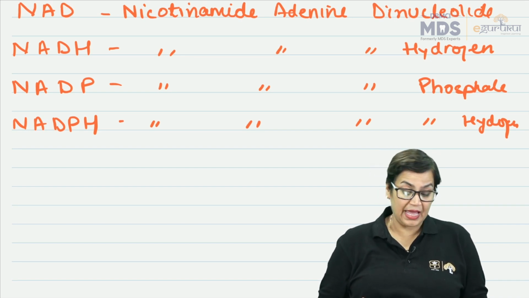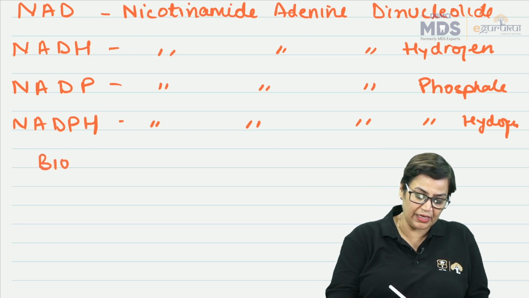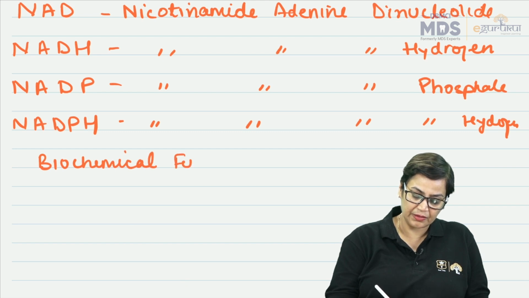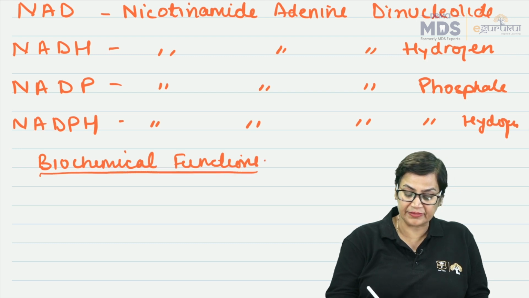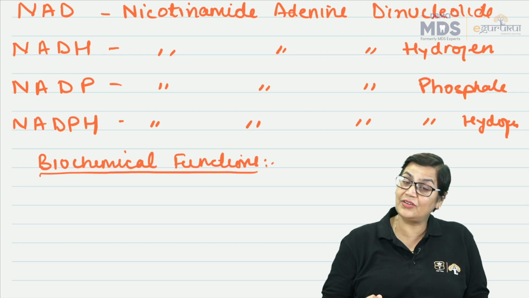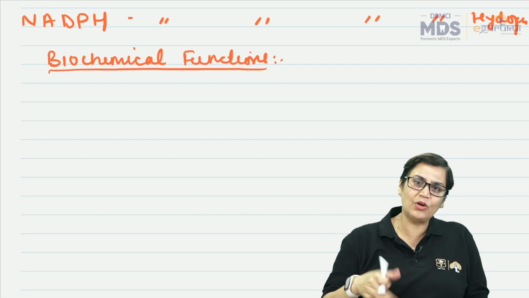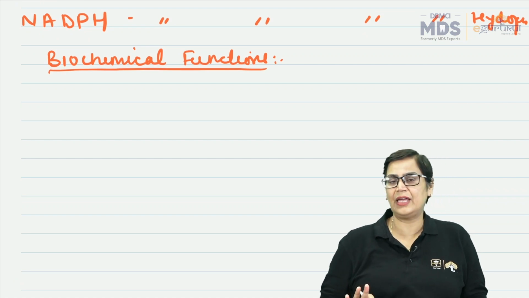And if you look at the functions, you can correlate so many functions. It's actually difficult to summarize the functions of niacin because it is the most important reductant present in our body. Most of the metabolism is dependent on NAD.